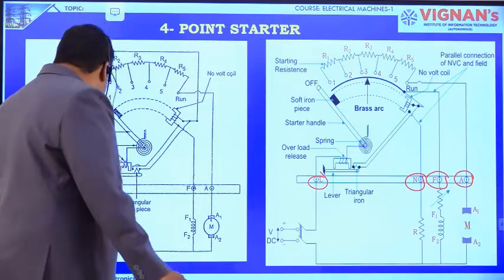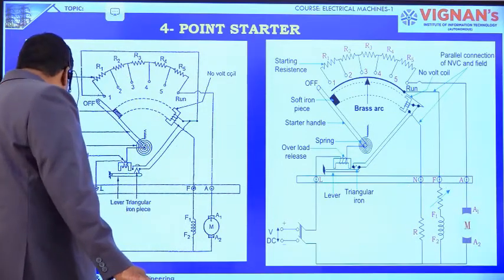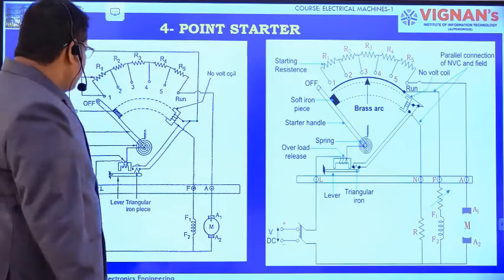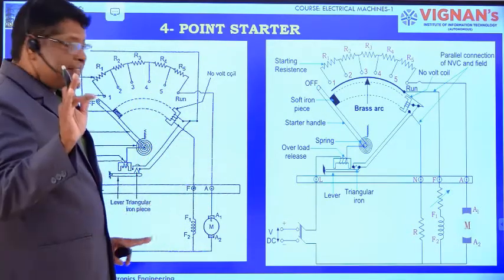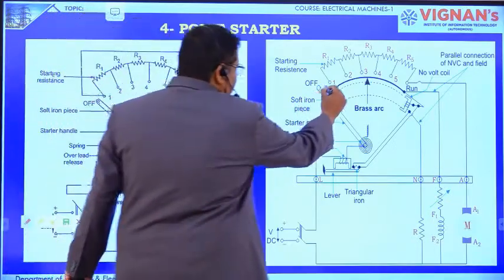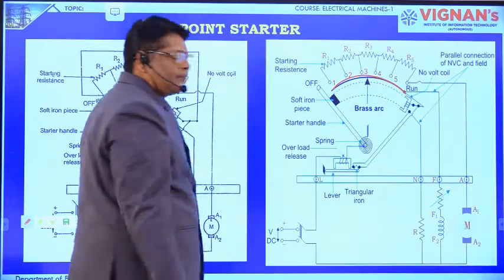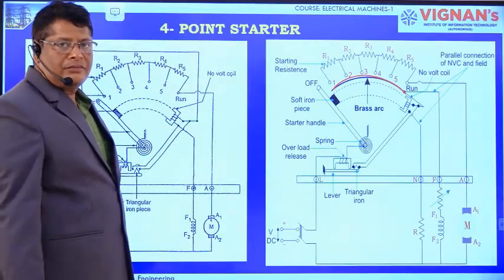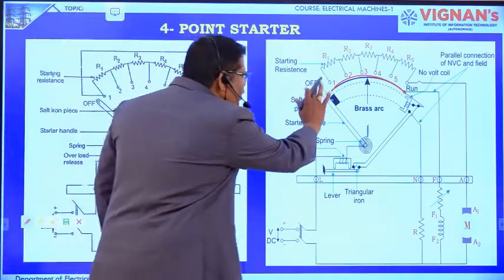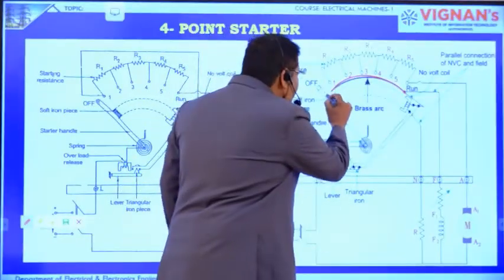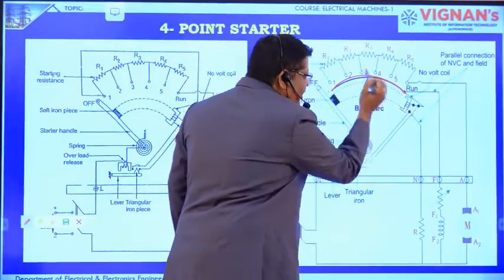That's why we are calling it a 4-point starter. Now, if we compare the 3-point starter and the 4-point starter, everything is the same except the brass arc. When the handle is moving from position 1 to the run position, the handle will be touching this brass conductor.